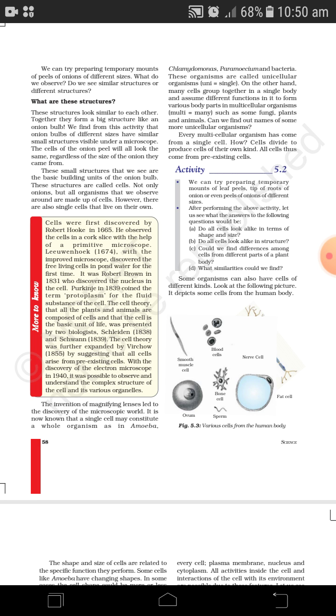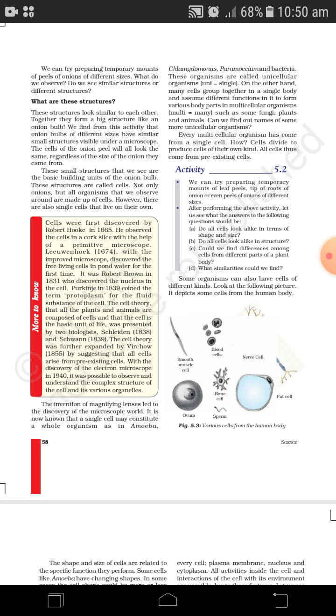Together they form a big structure like an onion bulb. We found from this activity that onion bulbs of different sizes have similar small structures visible under a microscope. The cells of the onion peel all look the same regardless of the size of the onion they came from. In this paragraph, they talk about the cell of the onion peel.